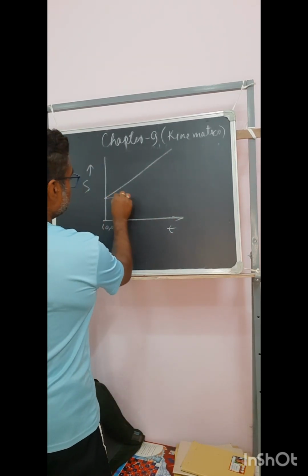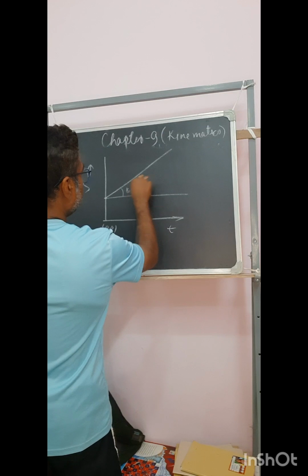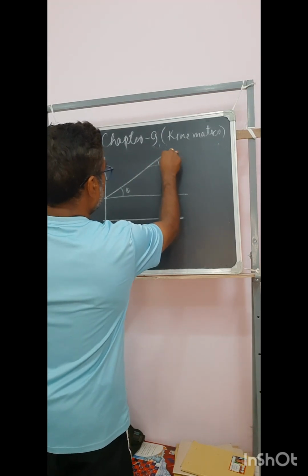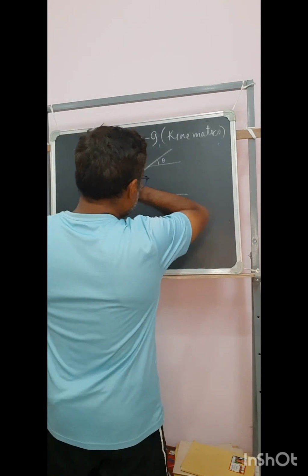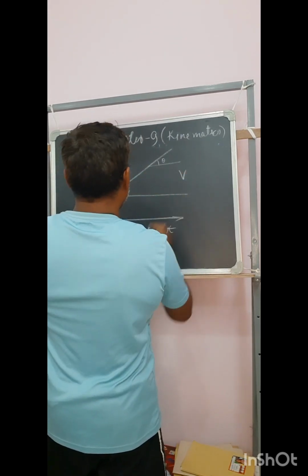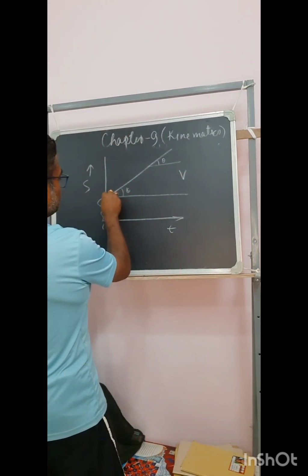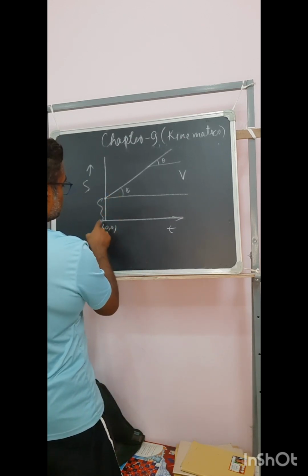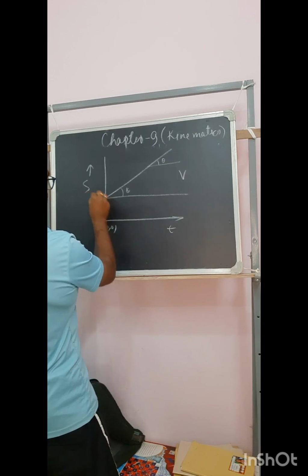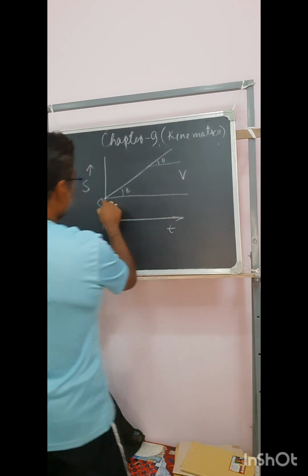Because the slope is the same everywhere, this is the cut point, and your velocity with respect to this point can be read as s, meaning there is always a start point.